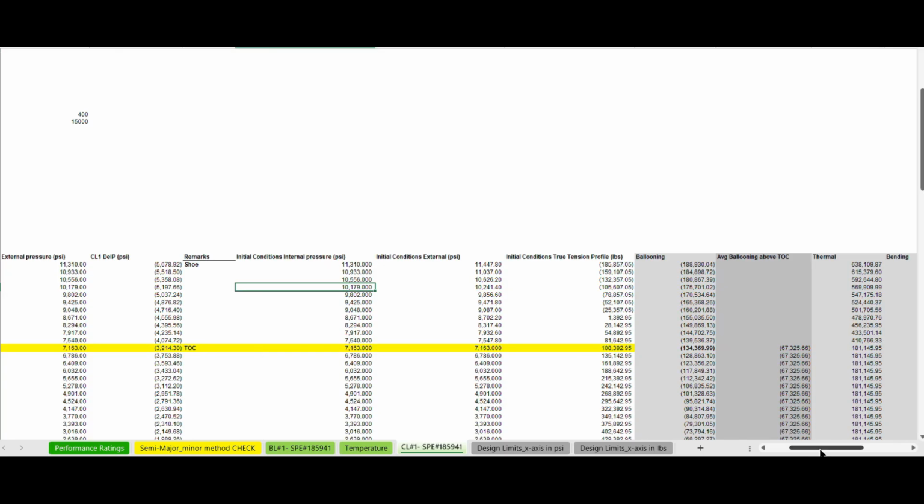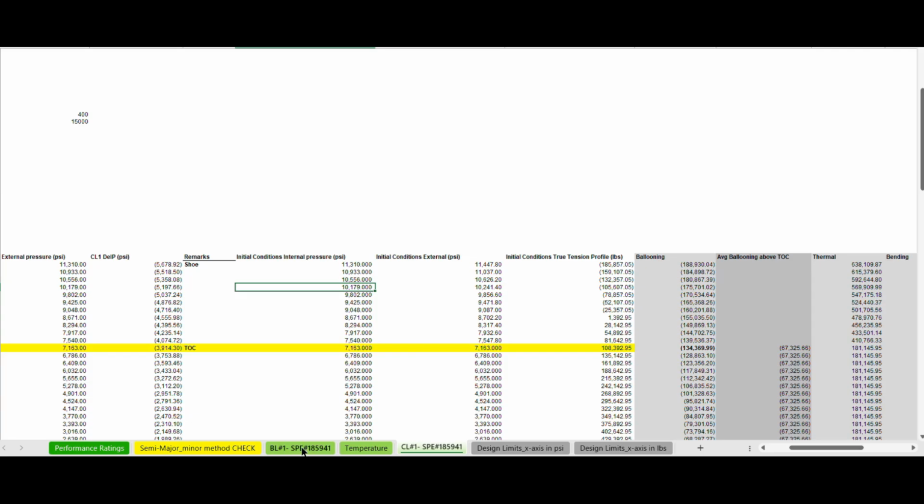Initial conditions is the same as was given in the burst tab, because this casing was cemented in one condition, so that basically gives you the initial condition. So the true tension profile is the same, it isn't going to change.